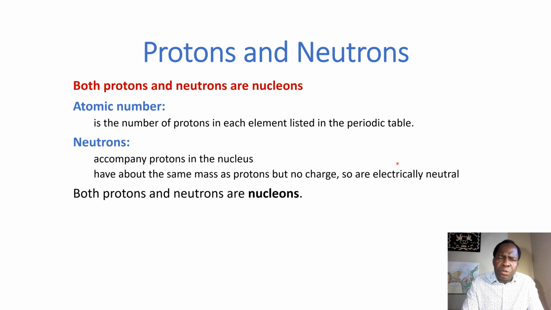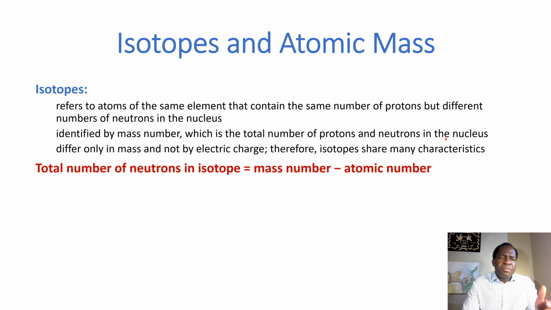They are electrically neutral, and neutrons and protons are nucleons. Each element has its own atomic number, which is the total number of protons inside the nucleus.